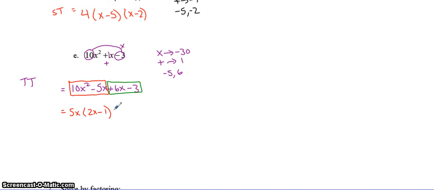The greatest common factor would be positive 3, and you are left with 2x minus 1. If you did this correctly, both of these brackets should be the same. The first bracket in your answer will be that 2x minus 1. The second bracket in your answer will be what's left over, which is the 5x plus 3.